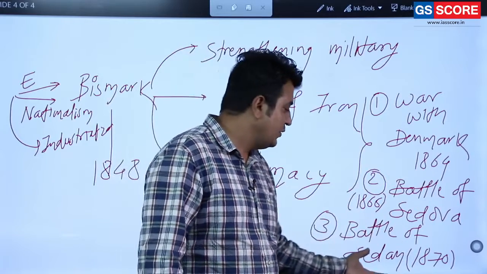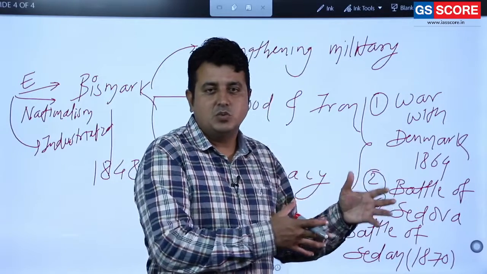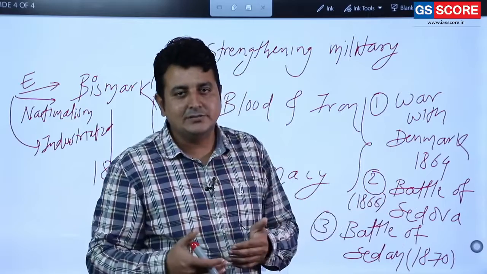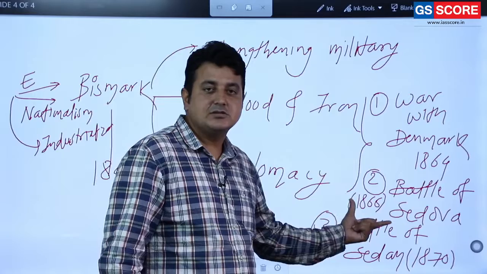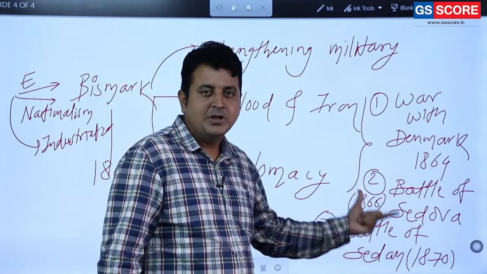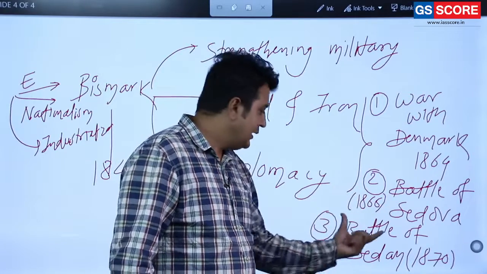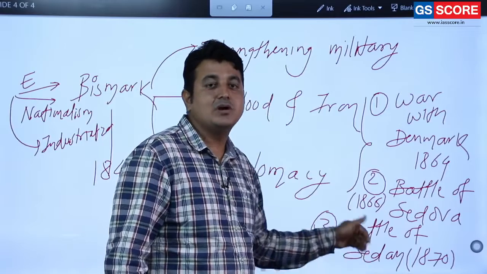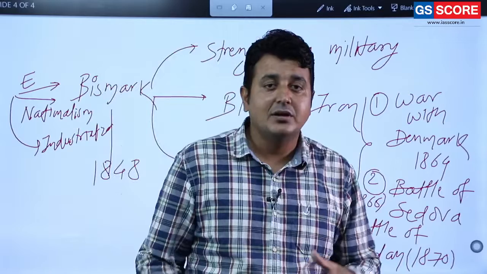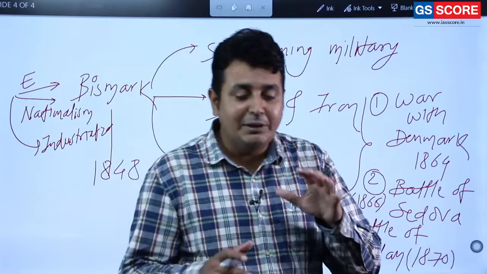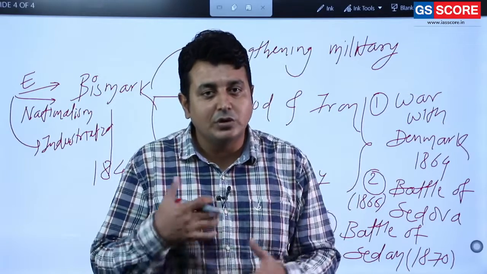So in the Battle of Sedan, France was on one side and on the other side Germany, because in 1866 the North German Federation was formed. So Germany and Italy were there versus France, and Austria was neutral. So remember, only battles or war don't solve the problem.